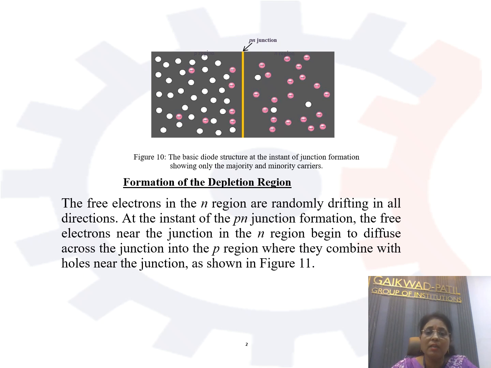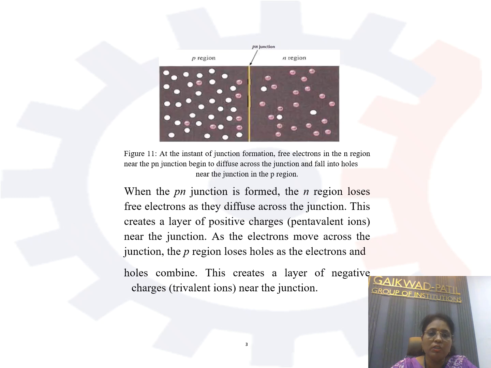By recombination of holes and electrons near the junction, we get a PN junction, that is the formation of the depletion region. When the PN junction is formed, the N region loses free electrons and they diffuse across the junction, and this creates a layer of positive charges across the junction, by the pentavalent impurity ions near the junction.